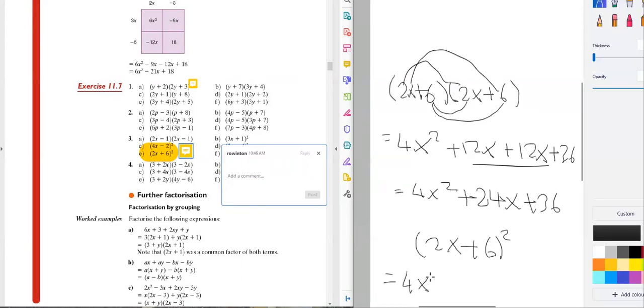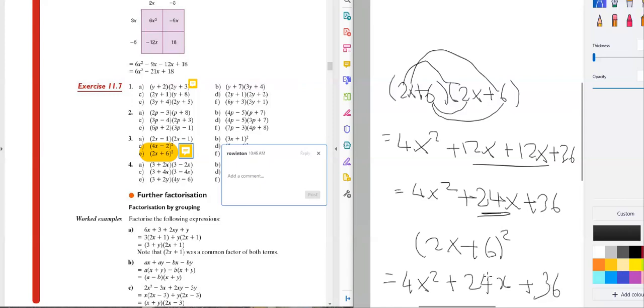All right, and then the middle number is actually 2 multiply 6 multiply 2x. So 2 times 6 is 12, right? 12 times another 2, that's why you get positive 24x. Then the last digit is this squared, so you get 6 squared. That's why you get 36.